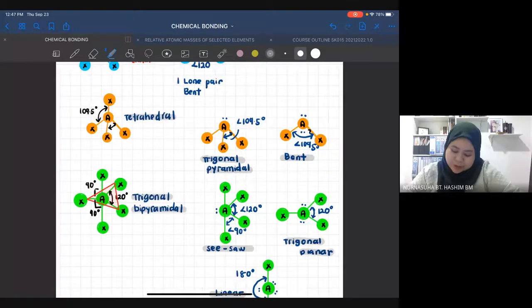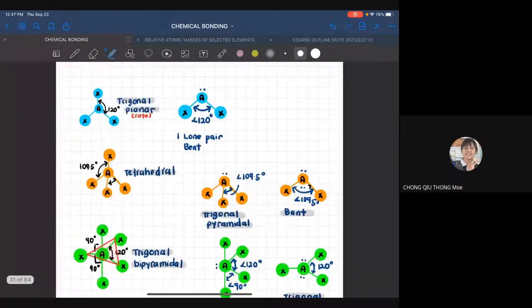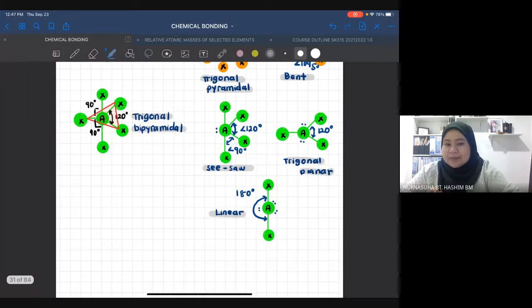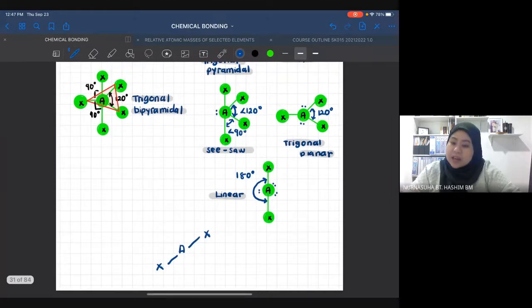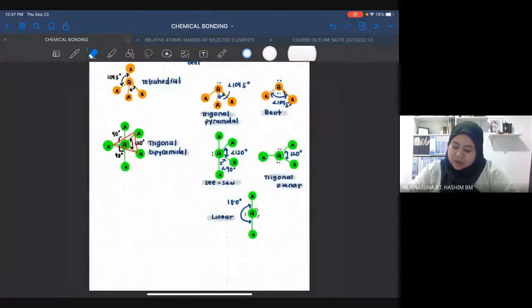Boleh. Kalau tegak pun boleh lah. Boleh. As long as straight line. Okay. Thank you, Madam. Macam ni pun kita terima lagi, as long as dia dalam straight line.